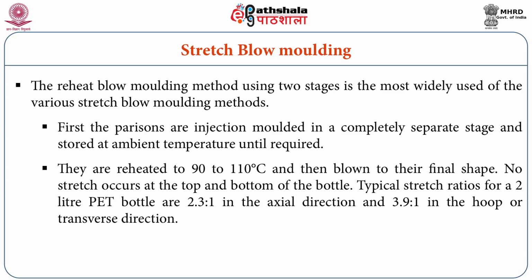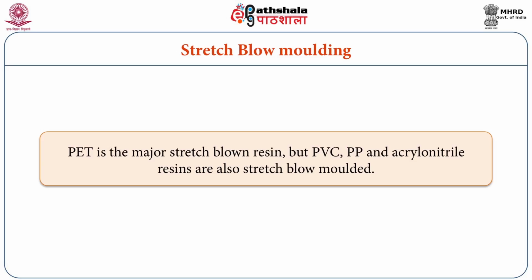No stretch occurs at the top and bottom of the bottle. Typical stretch ratios for a 2 liter PET bottle are 2.3:1 in the axial direction and 3.9:1 in the hoop transverse direction. PET is the major stretch blown resin, but PVC, PP and acrylonitrile resins are also stretch blow molded.